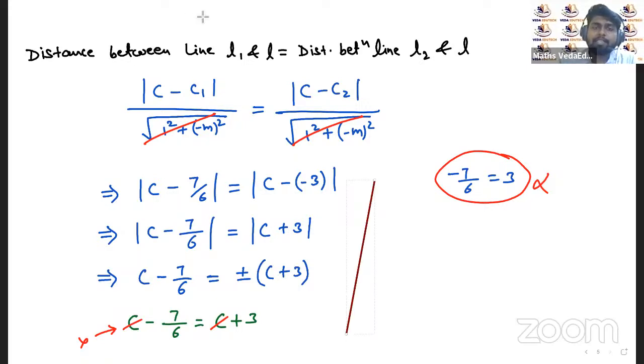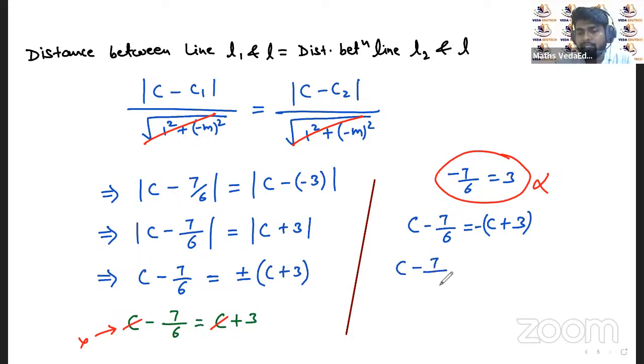And that is nothing but C minus 7 by 6 equal to minus of C plus 3. Now, simplifying further, we'll get C minus 7 by 6 equal to minus C minus 3.